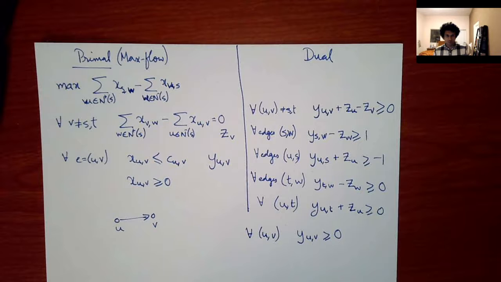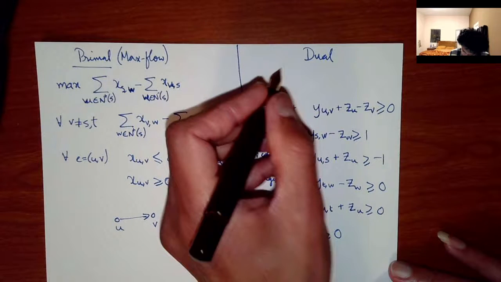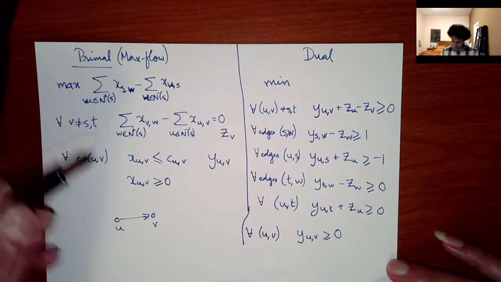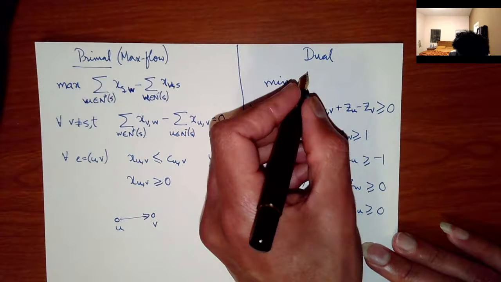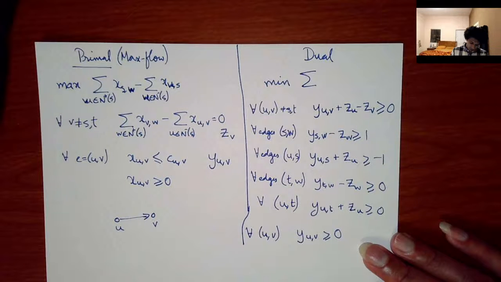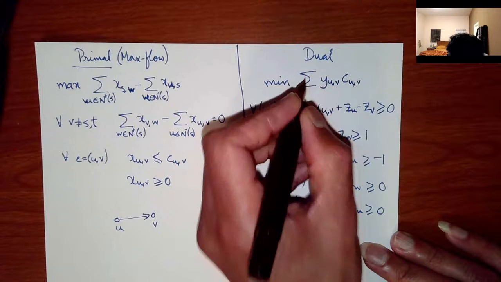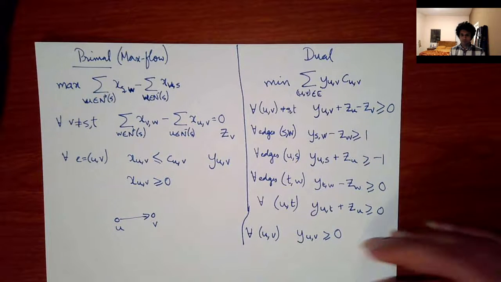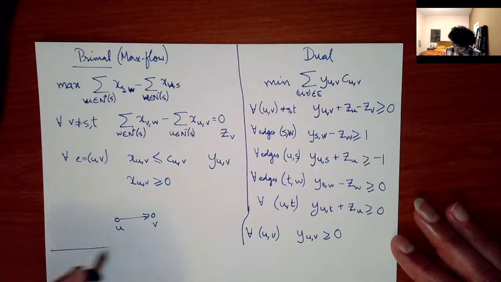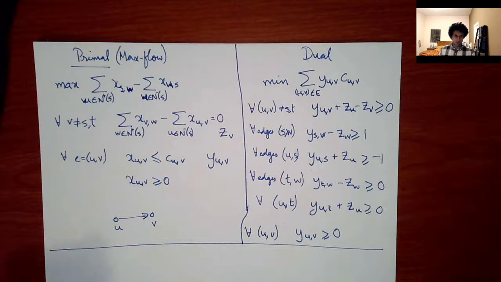So you get some kind of long thing over here, and what you then get is a minimization, because you start minimizing with these coefficients, with these capacity values here, you'll get YUV, CUV. Okay, so this looks extremely onerous, but I promise you we can make it much simpler.